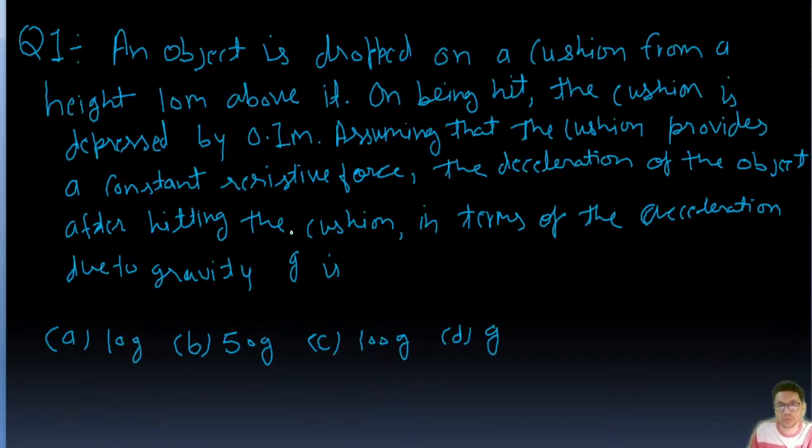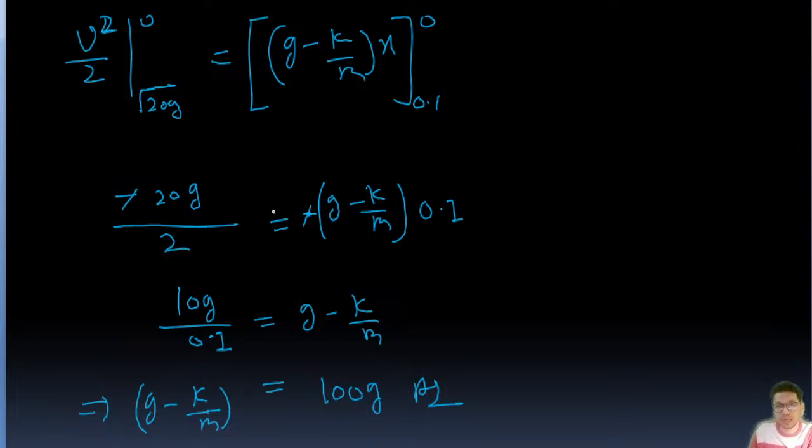Option number C, 100g. Very good question, guys. We have used the equation of motion and Newton's second law of motion. Very important question. So this is done. Now question number 2.